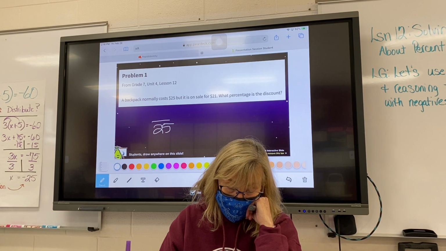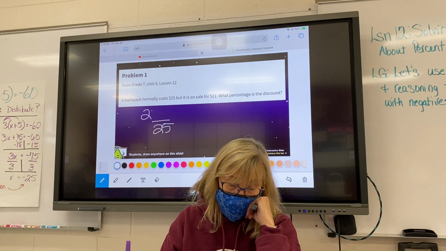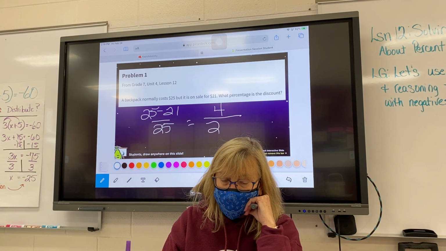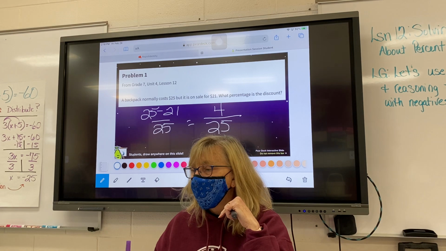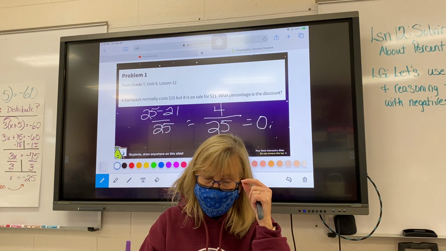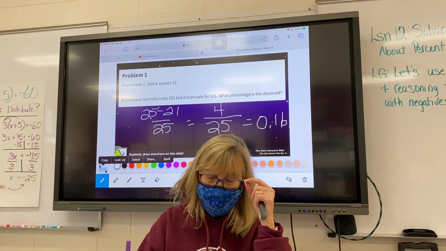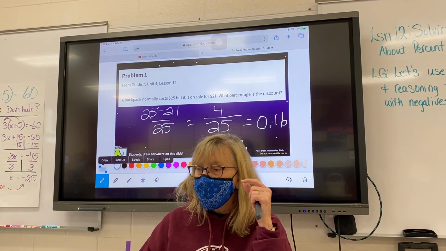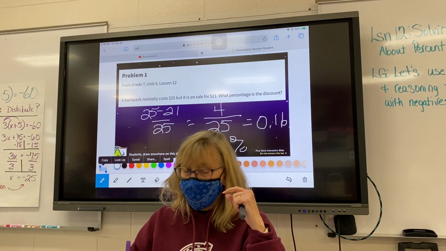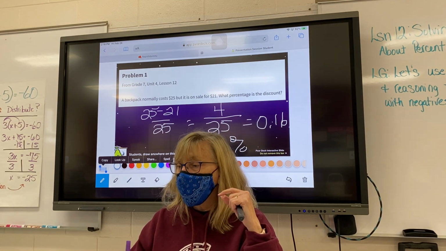25 minus 21. So that's going to give me $4 that I saved divided by 25, which is 0.16. And then we'll multiply that by 100. So we saved 16%. That is percent of change.